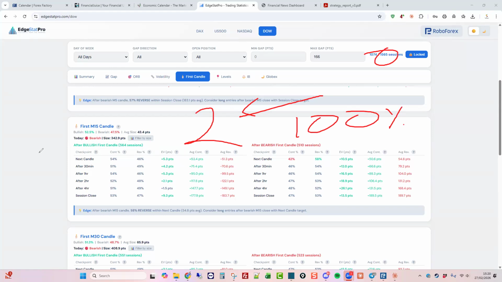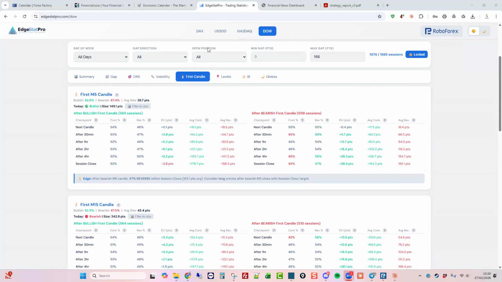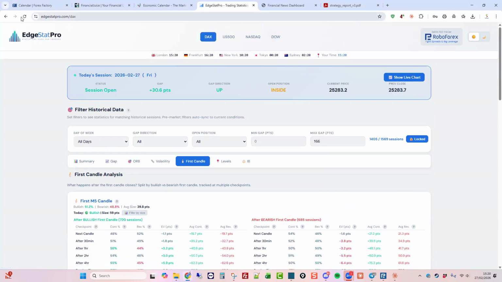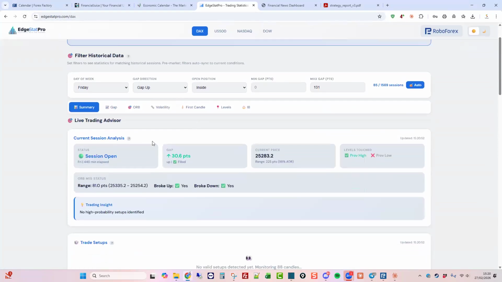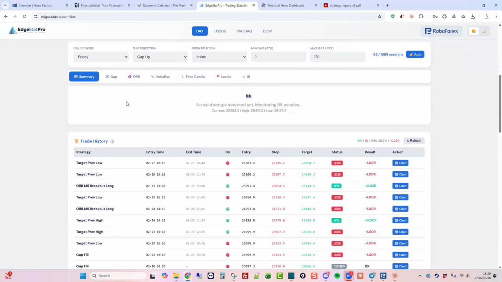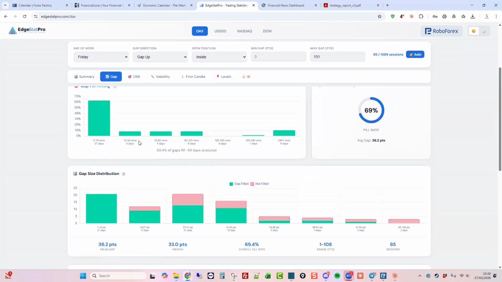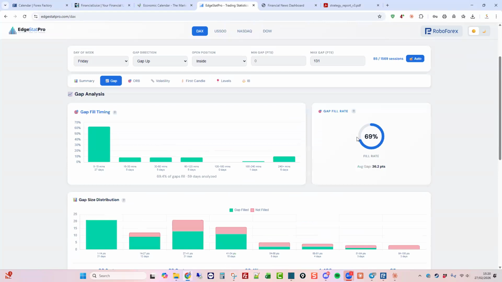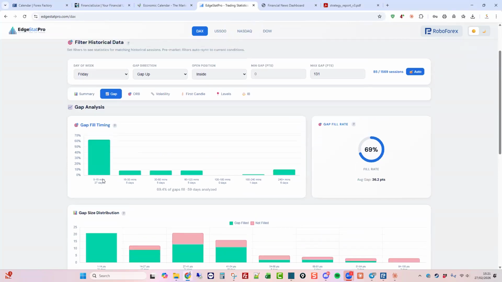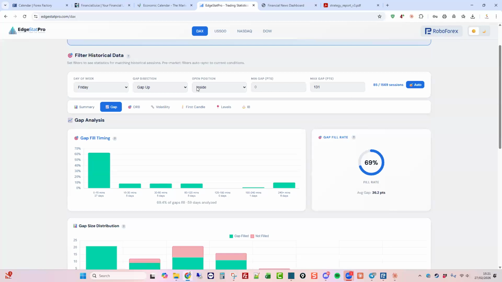Yeah. So the thing I think that is the most important here is that when we're looking at this information, we have enough data sets to work on. So where you have a statistic, we need a decent amount of data. So, there's been 85 times we've had this scenario happen in the past on a Friday. That's a fairly decent data set.